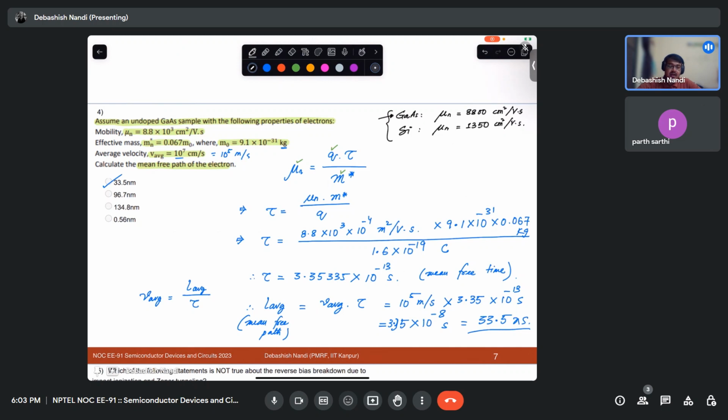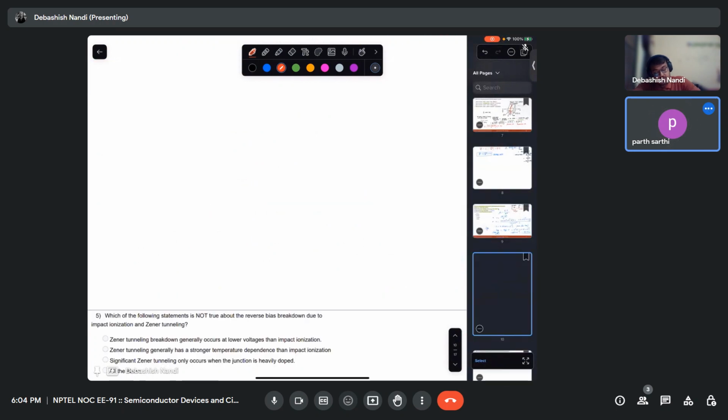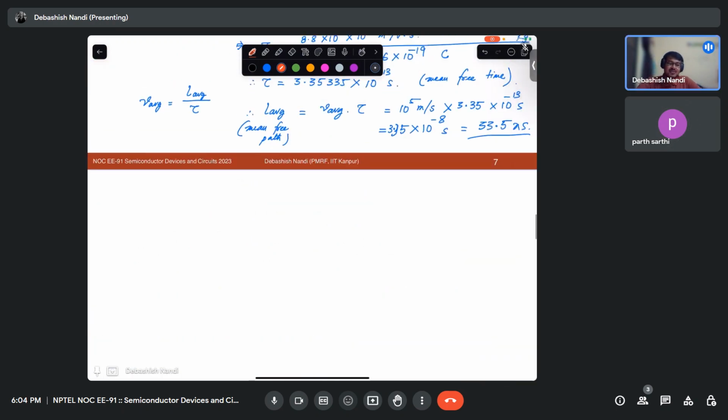So can you tell me any other distinction between gallium arsenide and silicon? Direct and indirect. What does that mean? Try, don't be demoralized.